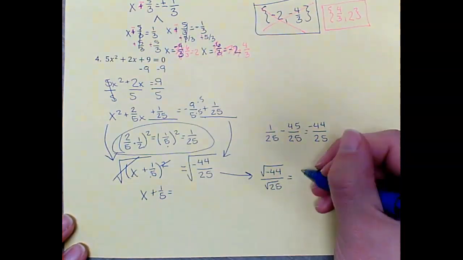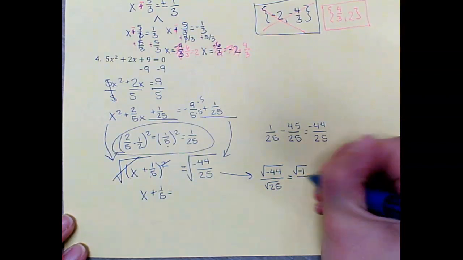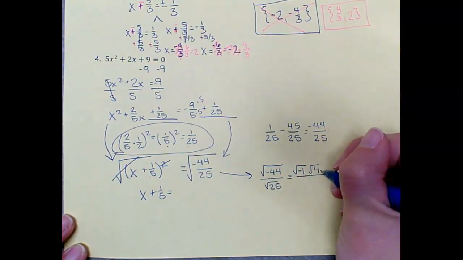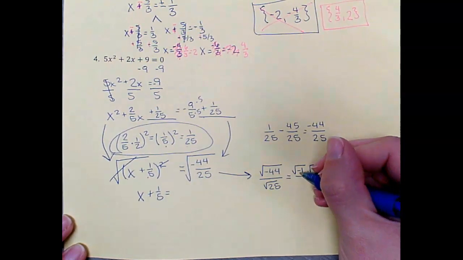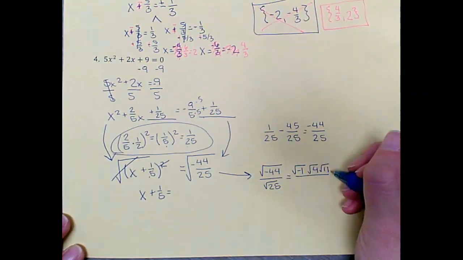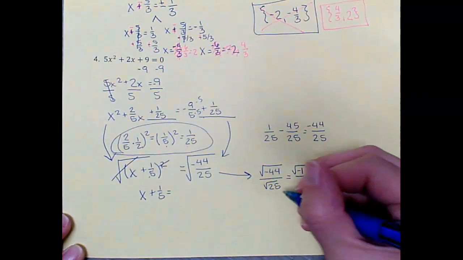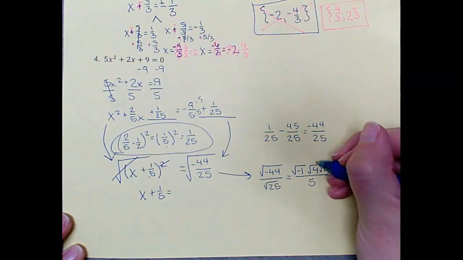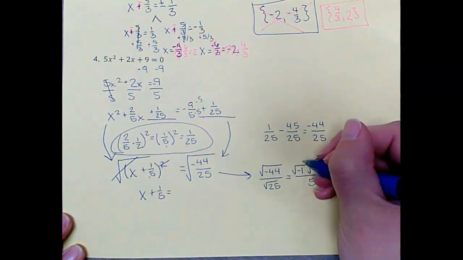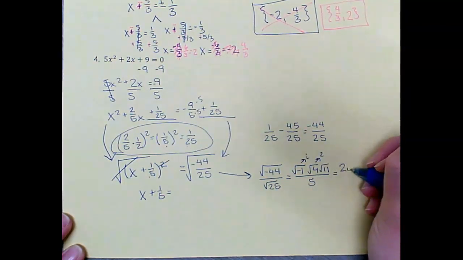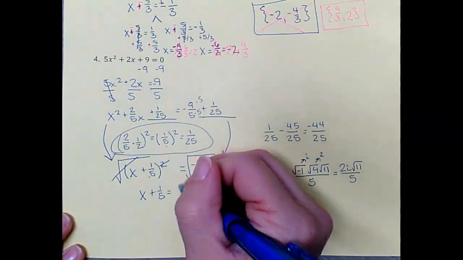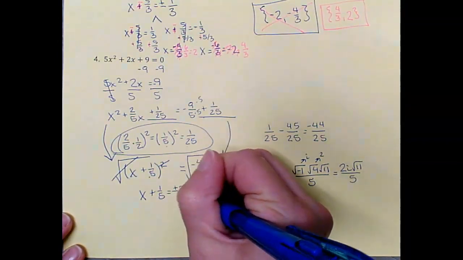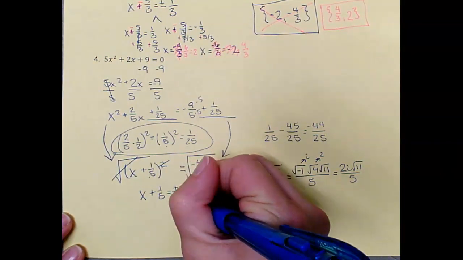I can break this up into the square root of -1, and the square root of 4, and the square root of 11, the i, the perfect square, the leftovers, and then the square root of 25 is 5. The square root of 4 is 2. The square root of -1 is i. We have 2i square roots of 11 over 5. So we have plus or minus 2i square roots of 11 over 5.